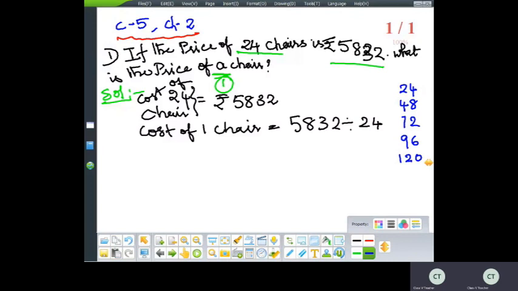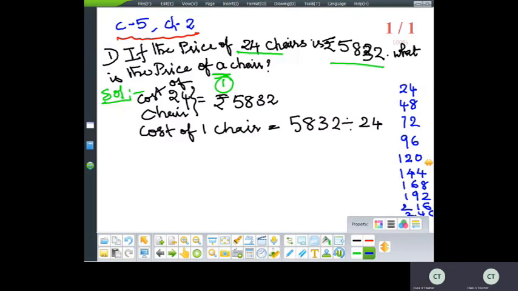You know the method how to do it. Lastly. Okay. So this is the 24 table.